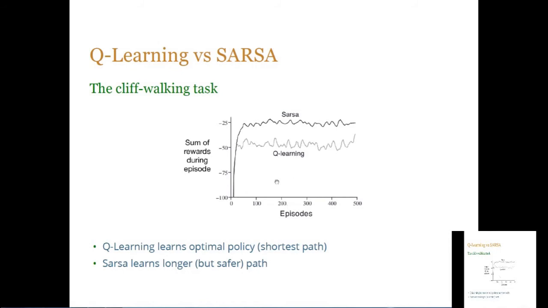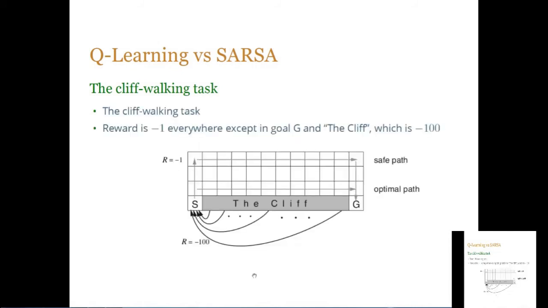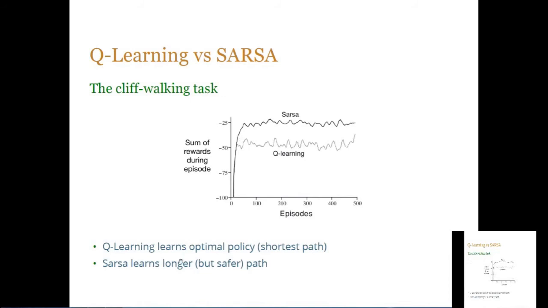Well, it turns out that it finds the shortest path, but it's a more risky policy, the one that it is using for exploring. So Q-learning will try to explore these areas more because these are more promising, they are shorter to the goal, and then the agent will fall off the cliff more frequently. Whereas the SARSA algorithm will learn the longer route, but the safer one.